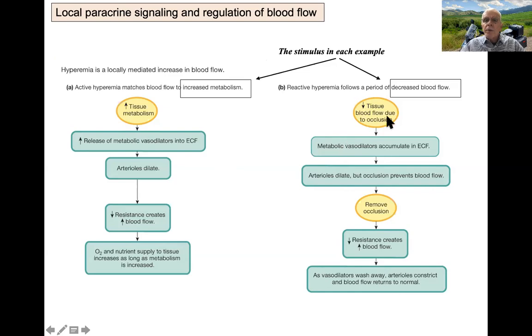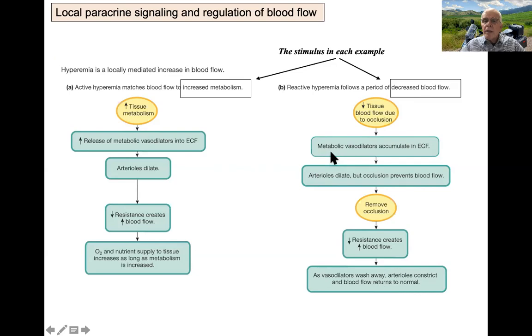It follows a period of decreased blood flow. If you were to put a blood pressure cuff around the arm, blow it up and restrict blood flow into the tissue, okay? Decreased tissue blood flow due to occlusion, like a blood pressure cuff.